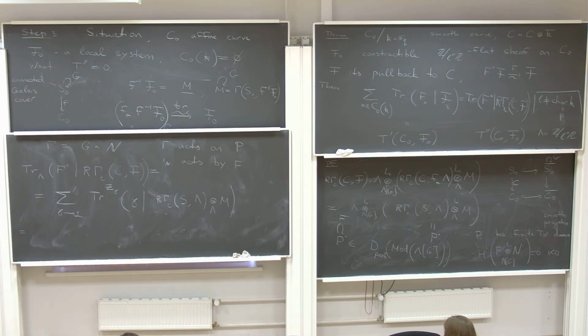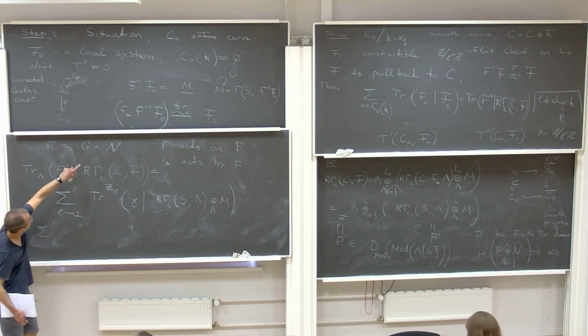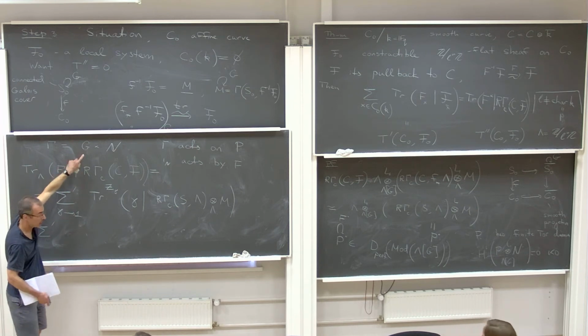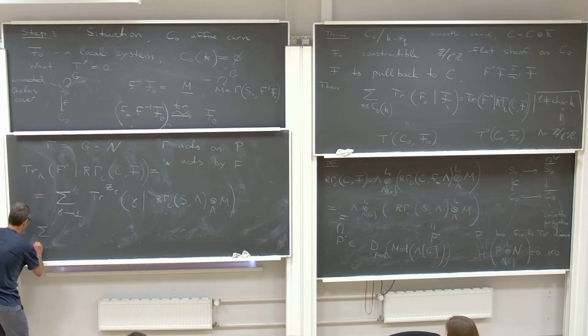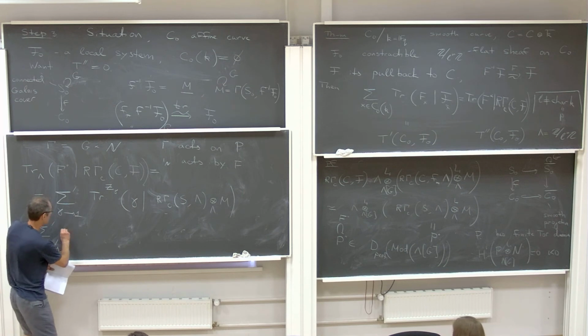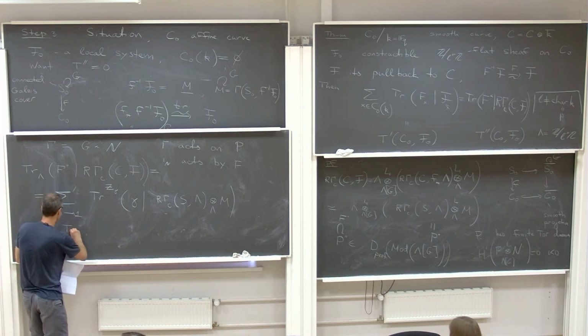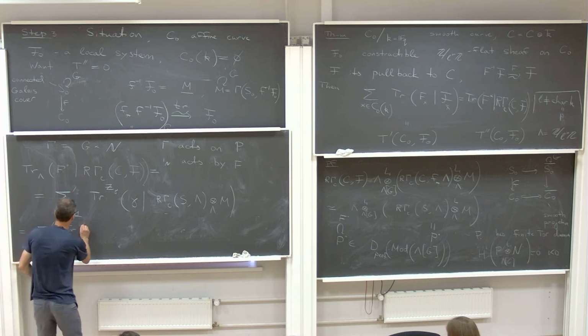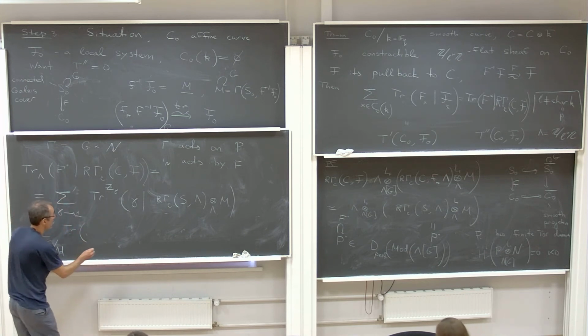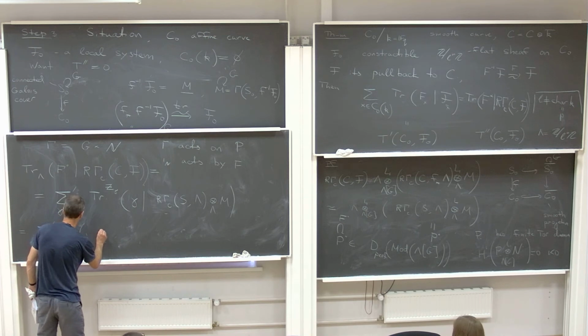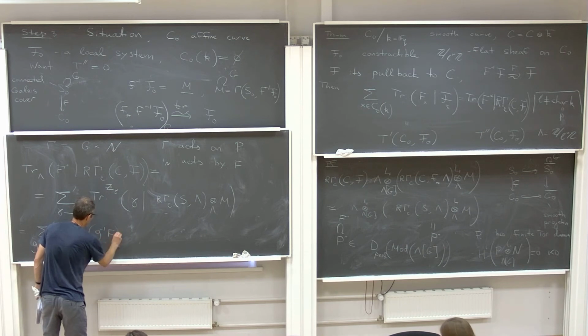So let's see what it is explicitly. That's a sum. Well, these gammas here map in one-to-one correspondence with G, right? So I actually take a sum over conjugacy classes in G. And I need to compute the trace of gamma. How does gamma act? Well, it's the action of the following element: G inverse times F star.